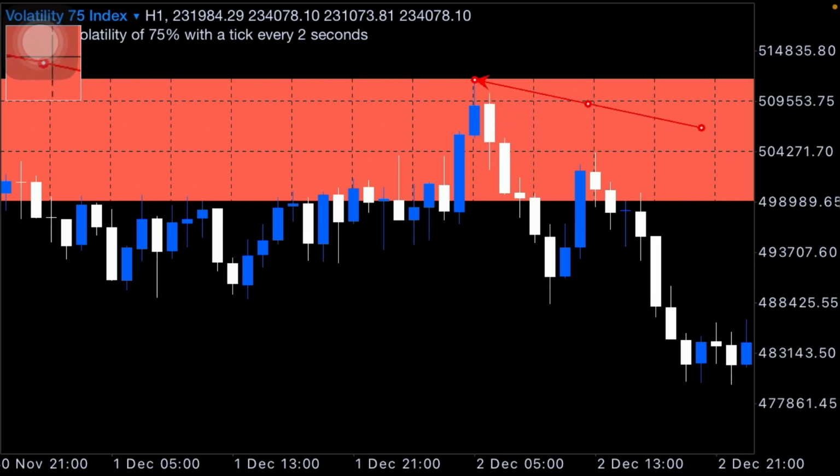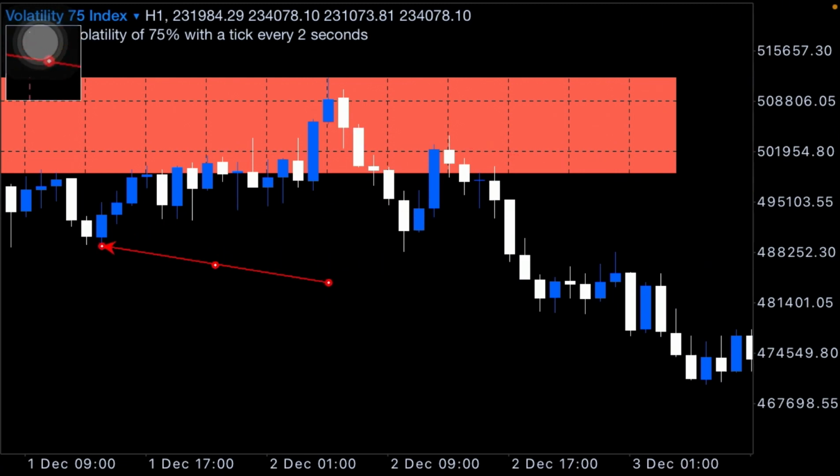The high of the third candlestick, this white one here, is also lower than the high of the second one. But the most important thing is that it has broken the low. This is all you should be focused on in this time frame.